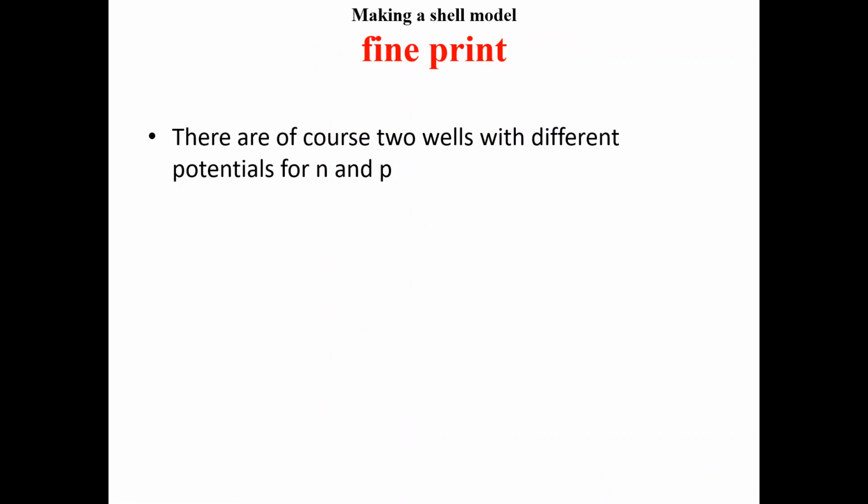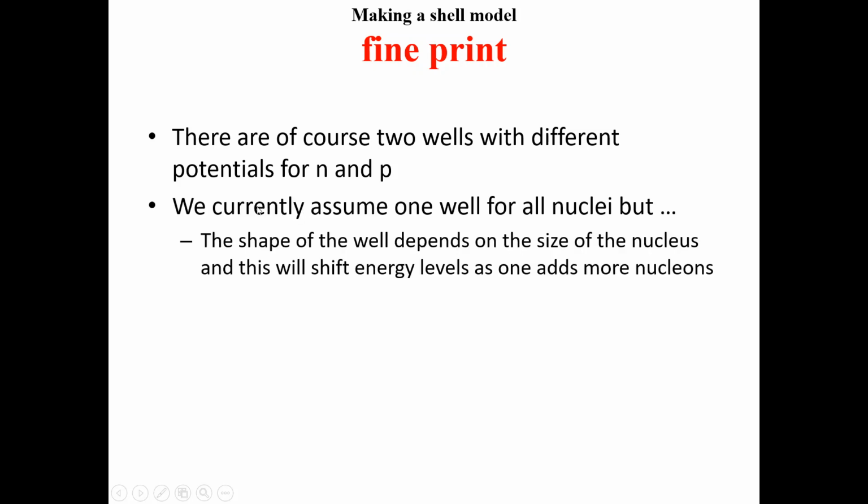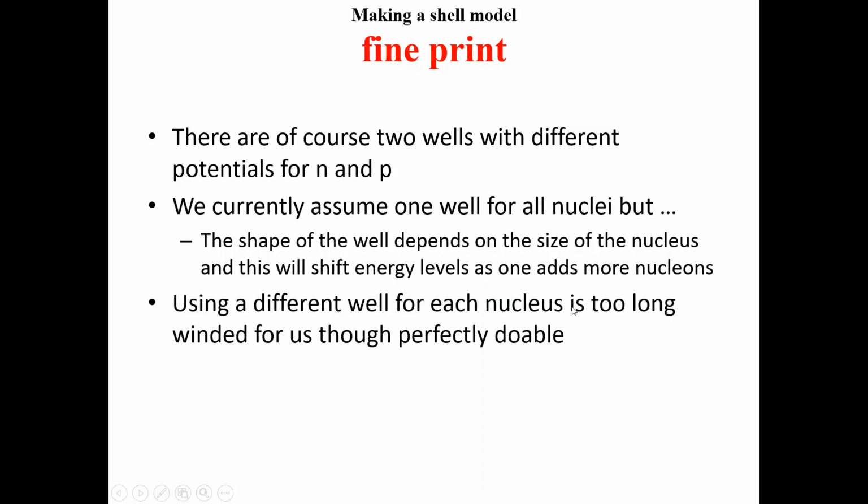So there are of course two wells with different potentials for neutrons and protons. We currently assume one well for all the nucleons, but the shape of the well depends on the size of the nucleus, and this will shape the energy levels as one adds more nucleons.